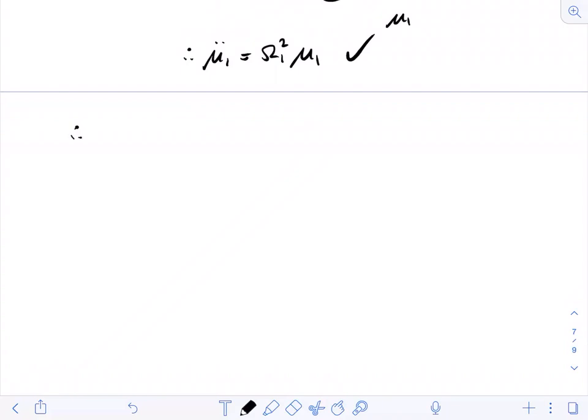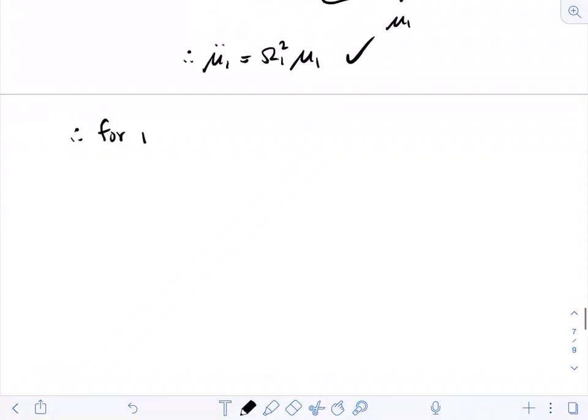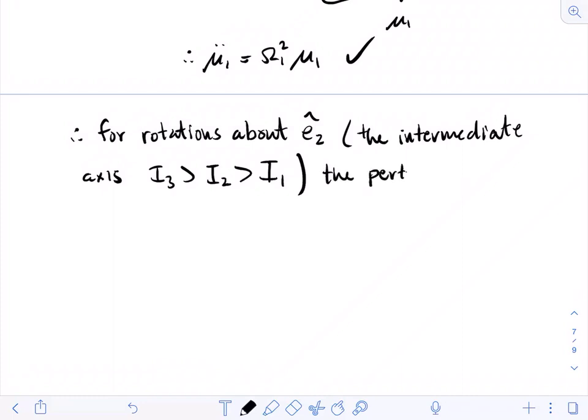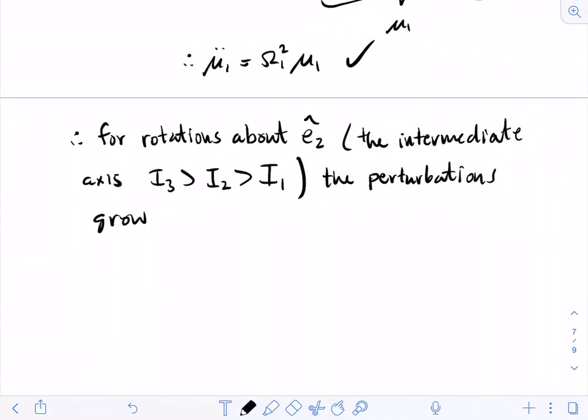Okay, so therefore, for rotations about the E2 axis, the second principal axis, which we're going to call the intermediate axis, because it is the axis that has the rotational inertia that is between the large and small ones, for this case, the perturbations grow exponentially.